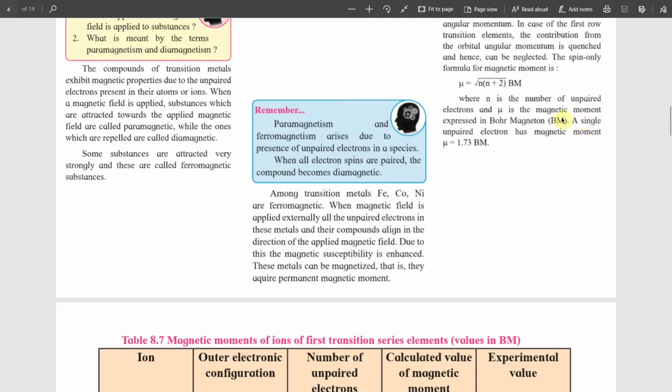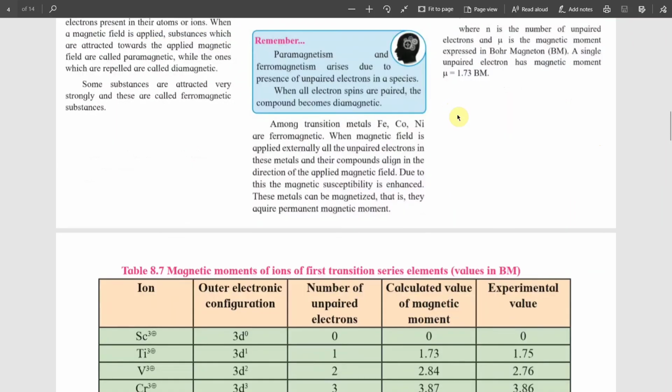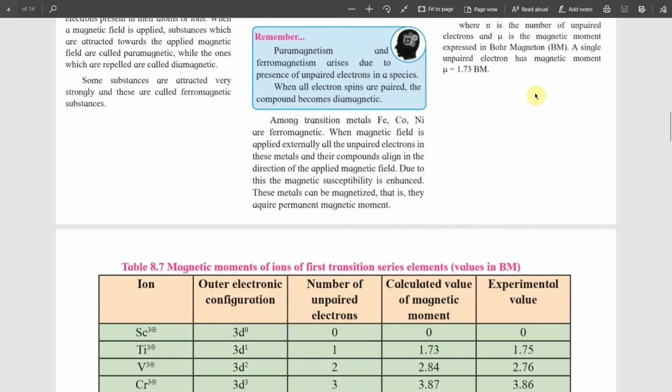A single unpaired electron has a magnetic moment. So we are finding the magnetic moment.